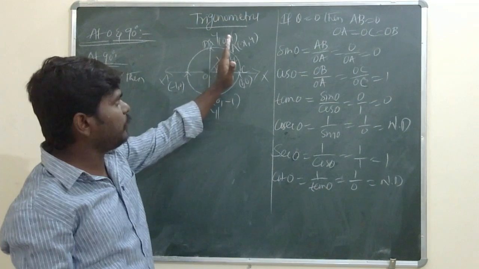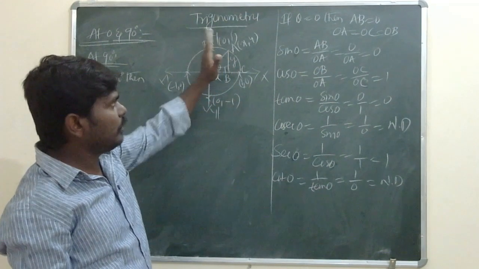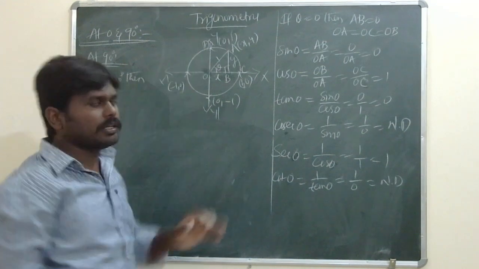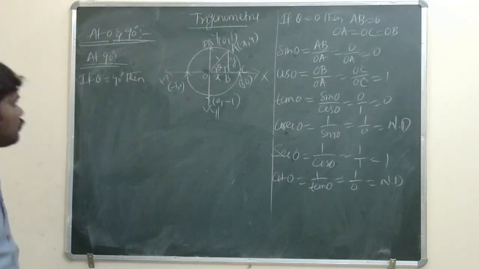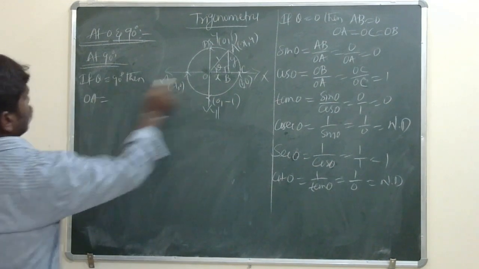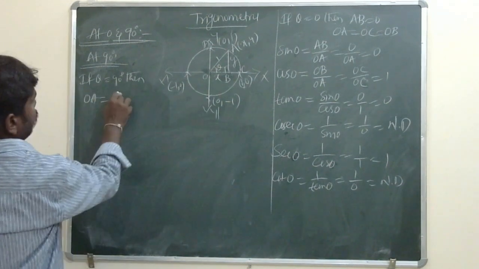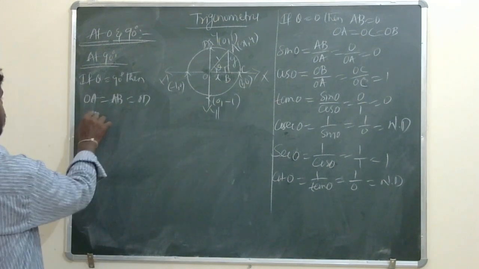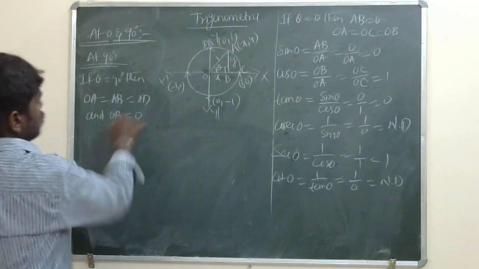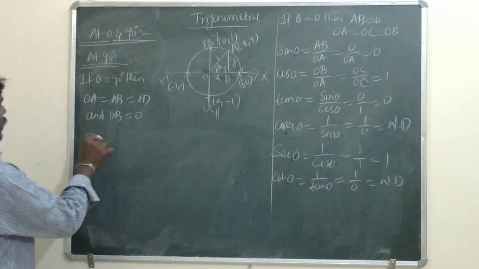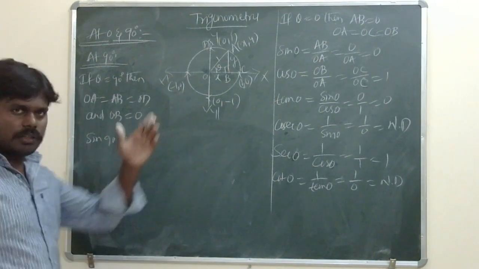Because here perpendicular, when you are shifting here, it becomes 0. It is this line perpendicular is coinciding with the y-axis. So 0. So then what will happen means here OA is equals to AB is equals to OD, and OB is equal to 0.